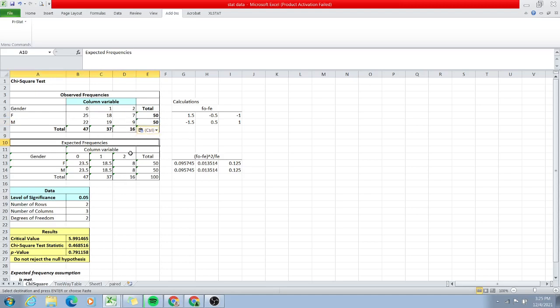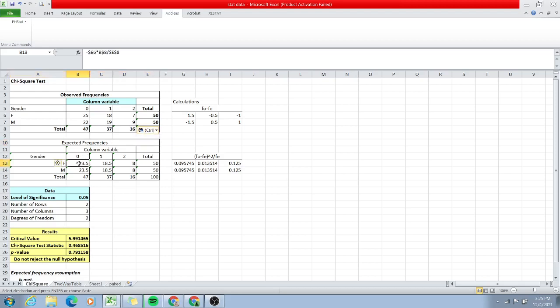The second table is the table for expected frequencies. To compute the expected frequencies, it is equal to the row total times the column total divided by the total sample size.